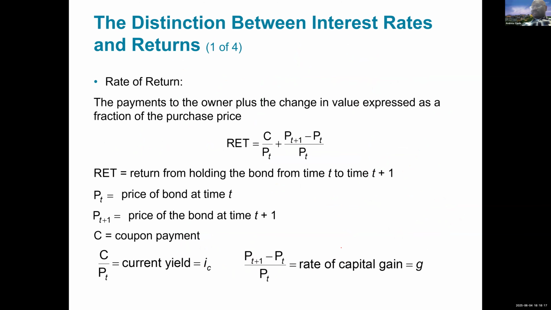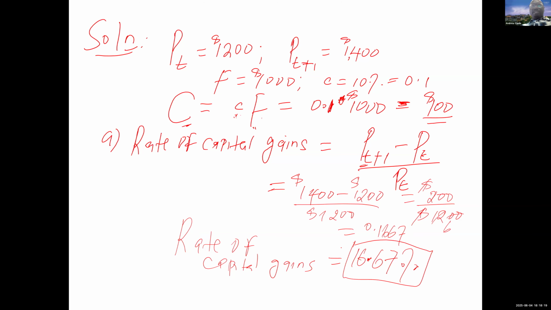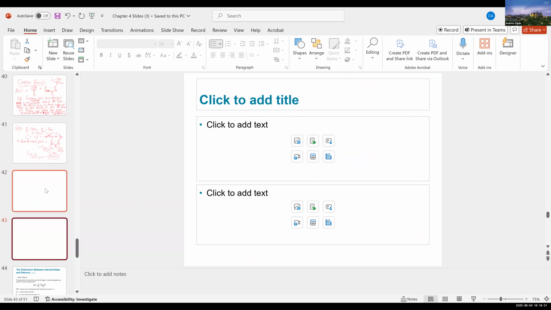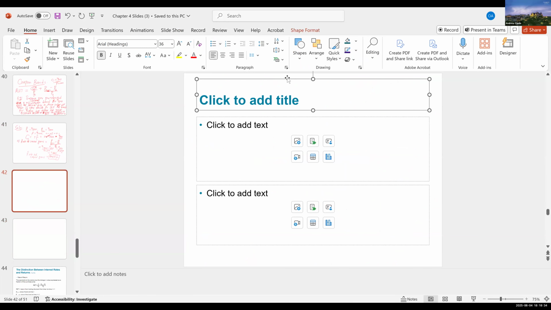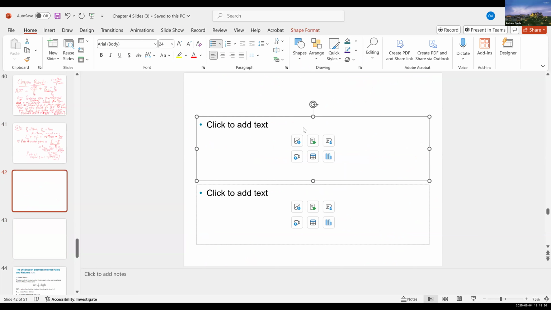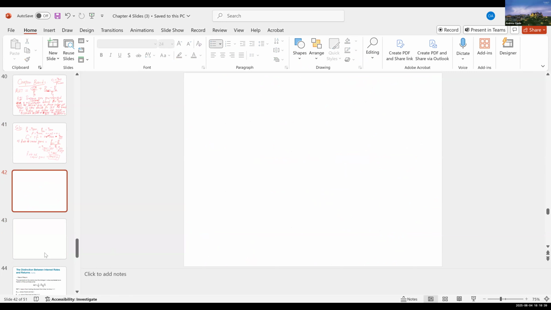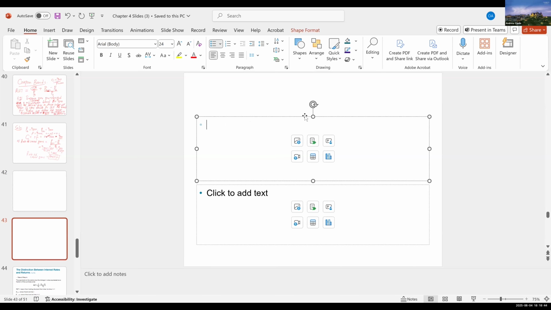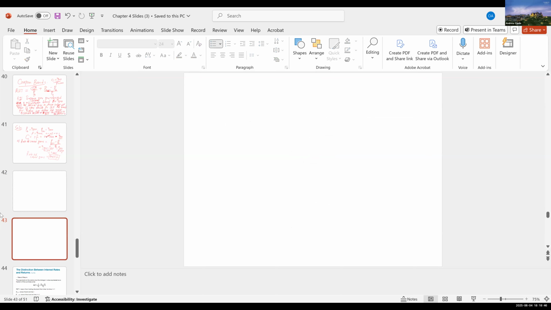Then the second part, we need to calculate the rate of return. We've got to calculate the return on this bond investment. Okay?